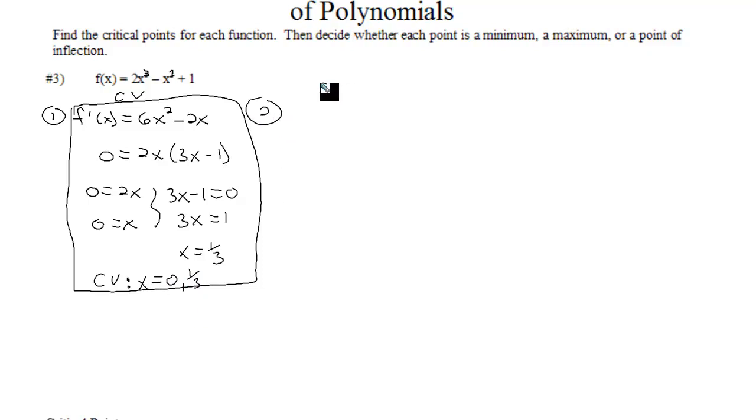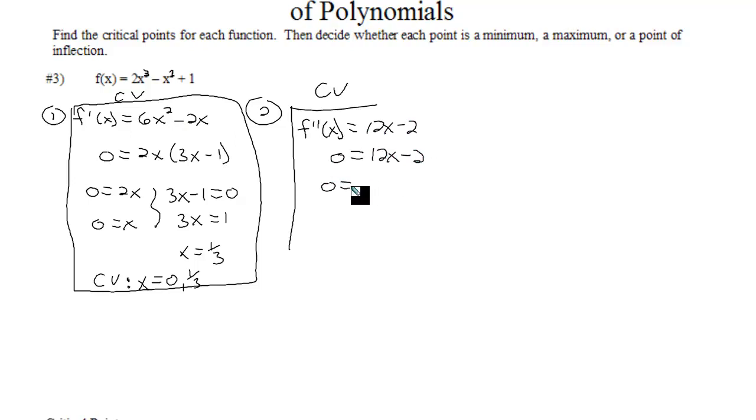Second step, find more critical values by taking the second derivative. So the derivative of the derivative would be 12x minus 2. Set that equal to 0. I'm going to solve this by factoring, though you wouldn't have to do that.